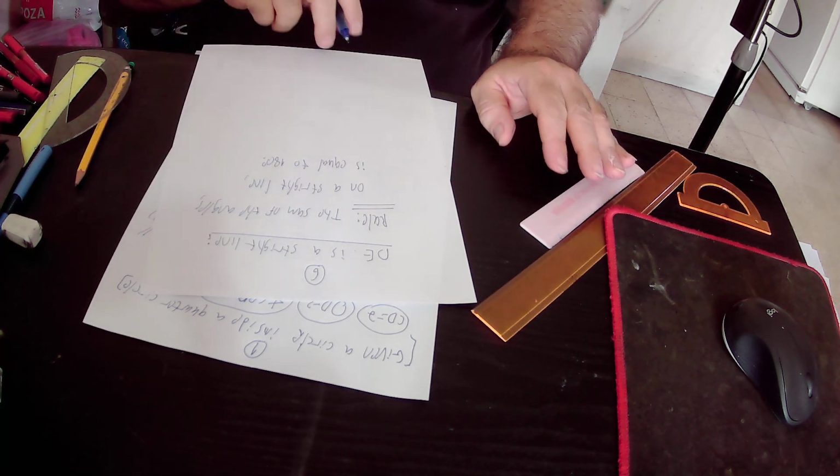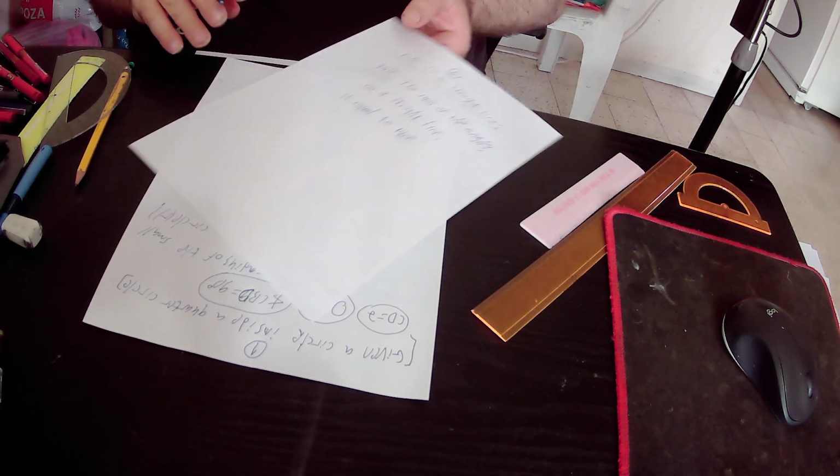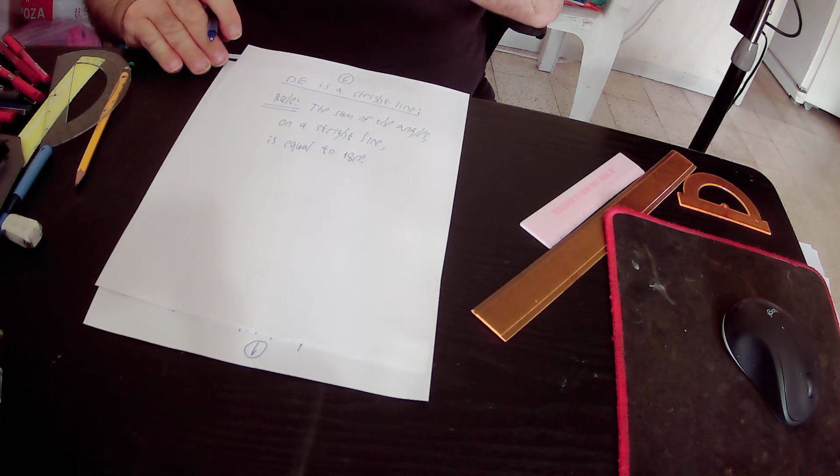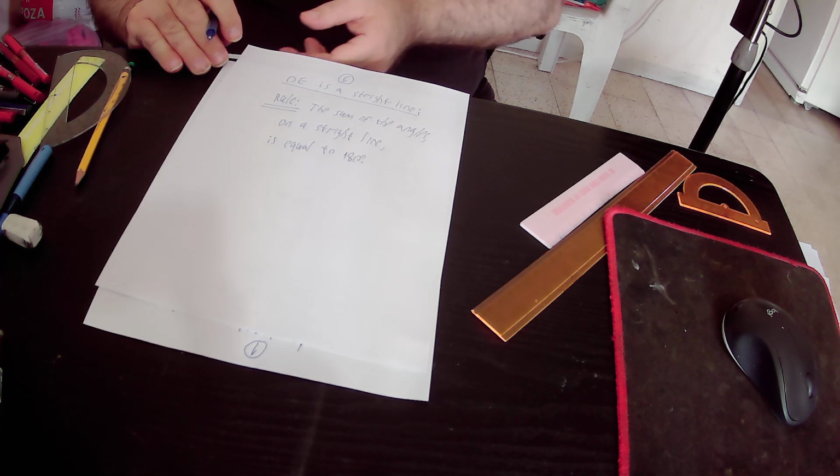Okay, we read the rule again. The rule states that the sum of the angles on a straight line is equal to 180 degrees.